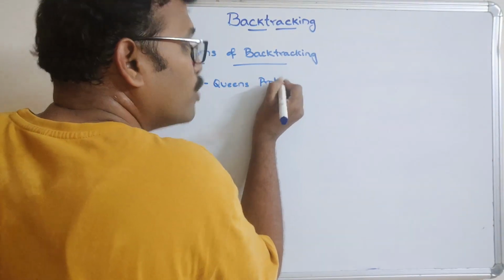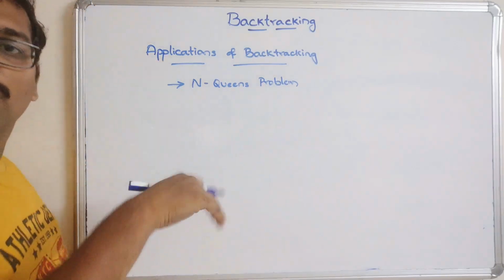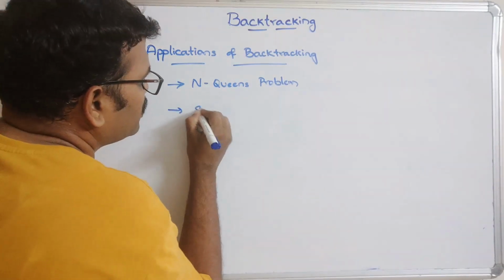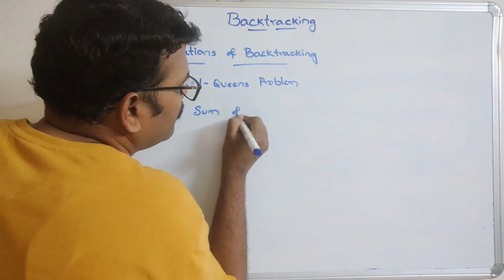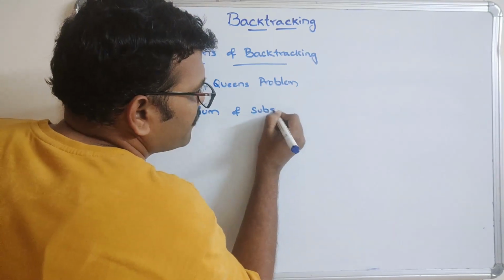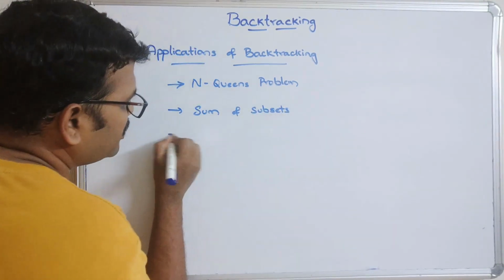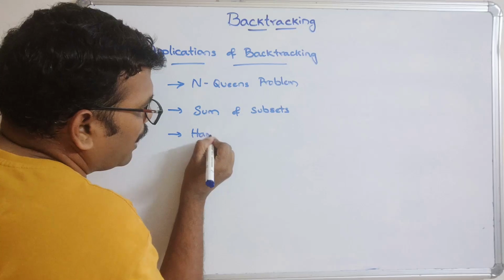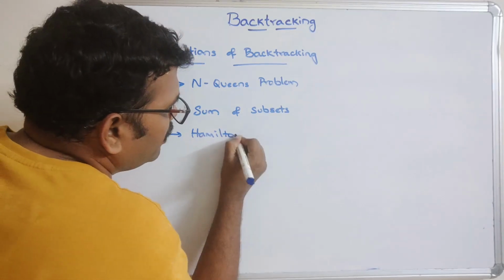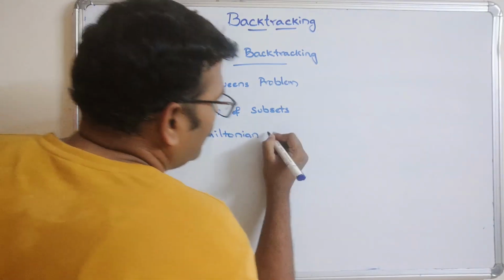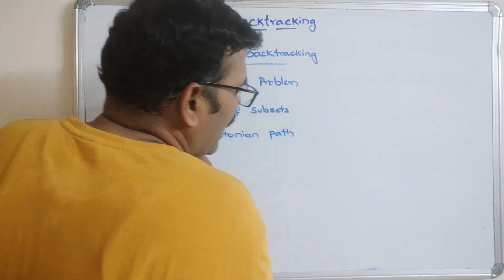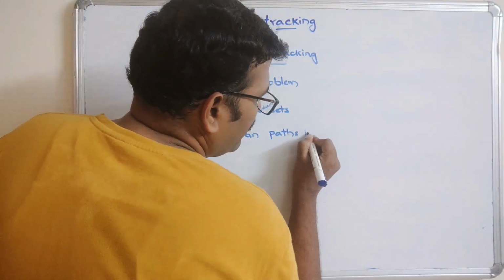In our further sessions, we are supposed to solve this one, right? Then the sum of subsets problem. Hamiltonian cycles or Hamiltonian paths. Finding Hamiltonian paths in a graph.